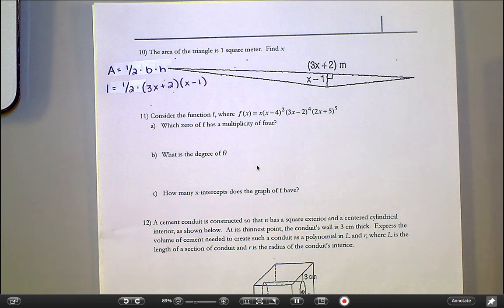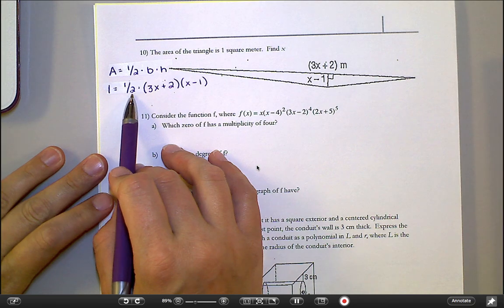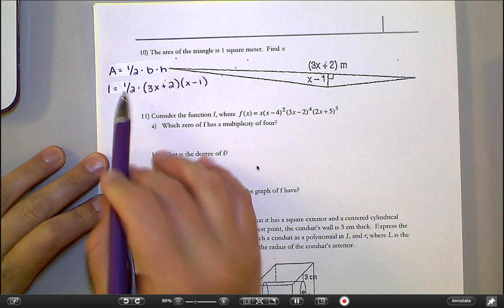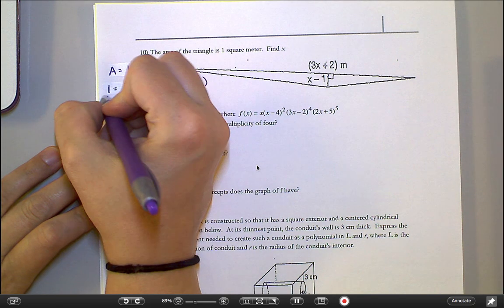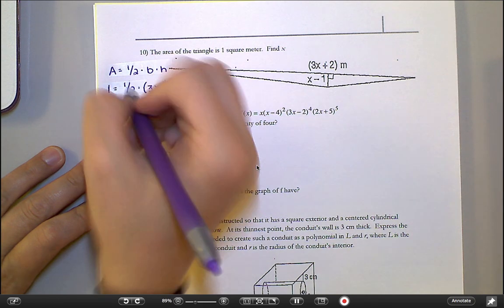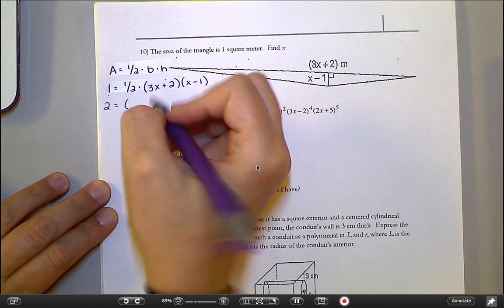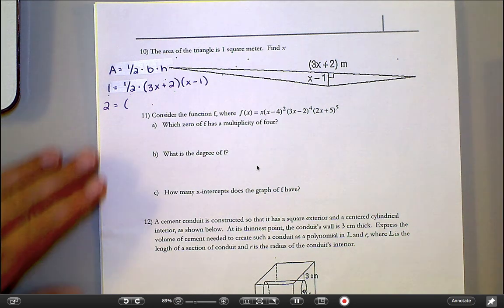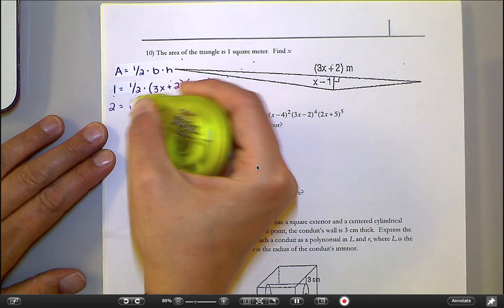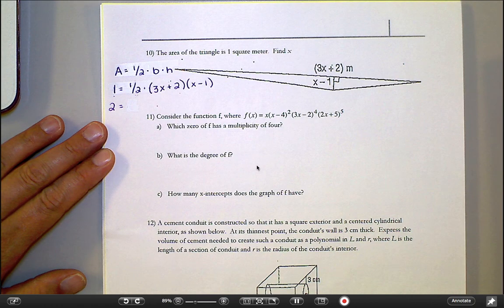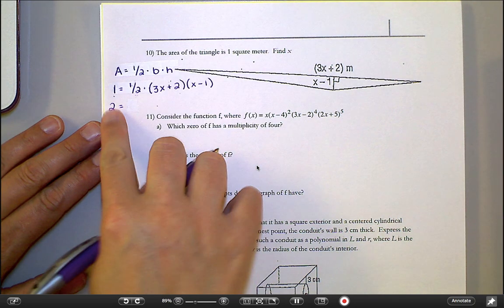So what I would do realistically, so that I don't have to deal with this 1/2 and all the 0.5s and everything, is I would start by multiplying by 2 on each side, because that's going to get rid of that 1/2. So I'm going to say 2 equals, and then here, actually I don't even need the parentheses there, sorry about that. So I got rid of the 1/2 by multiplying by 2.